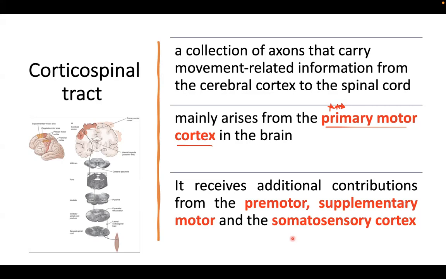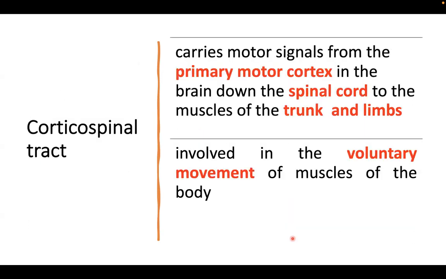Then it's supplemented by the premotor, the supplementary motor, and the somatosensory cortex. Now, the corticospinal tract will carry motor signals from the primary motor cortex to the spinal cord, down to the muscles of the trunk and the limbs.